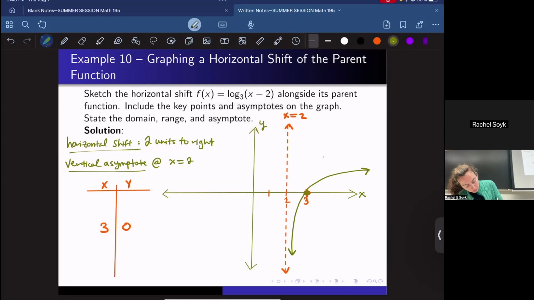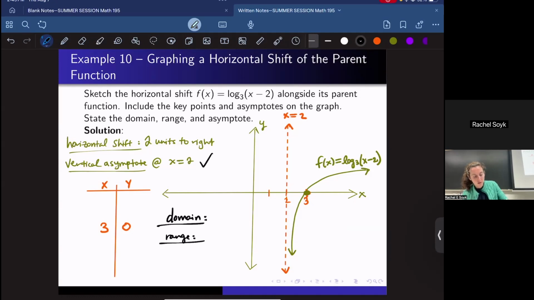And then we want to write out our function. And last but not least, let's state our domain, range, and asymptote. Well, we have the asymptote here.